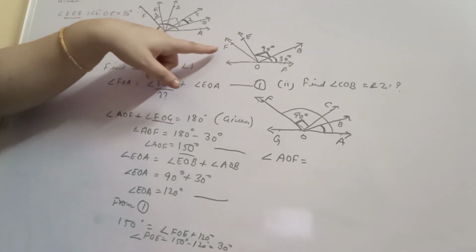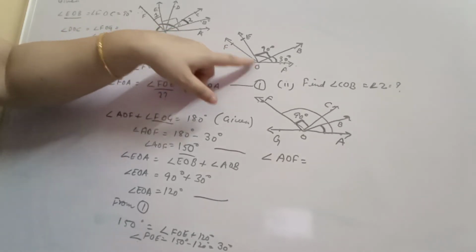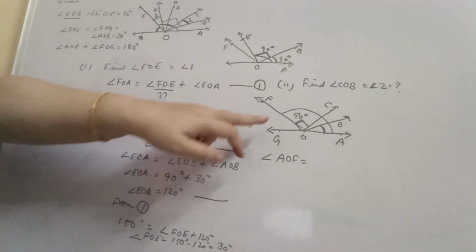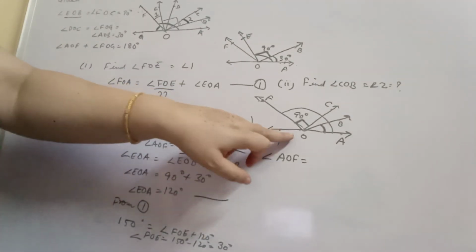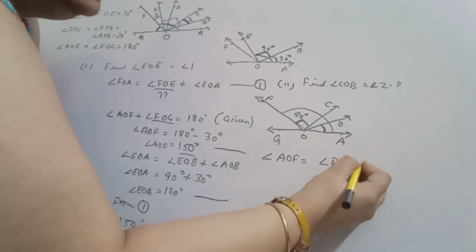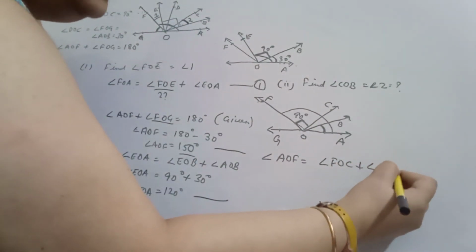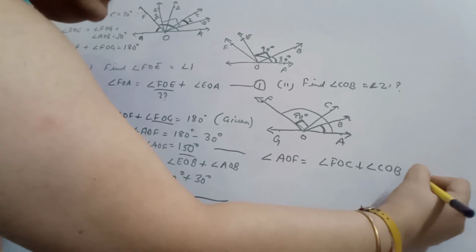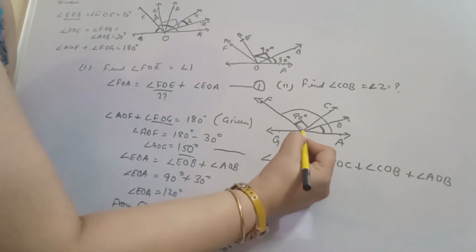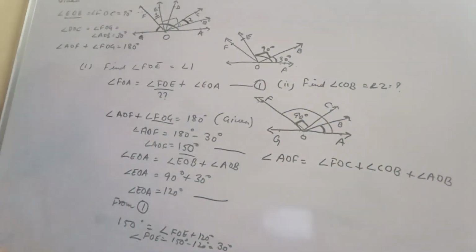Can you see in the first part? FOE plus EOA. This was simple, but here in this case I am writing FOA as FOC plus COB plus angle AOB. I am dividing because there are two rays in between now.